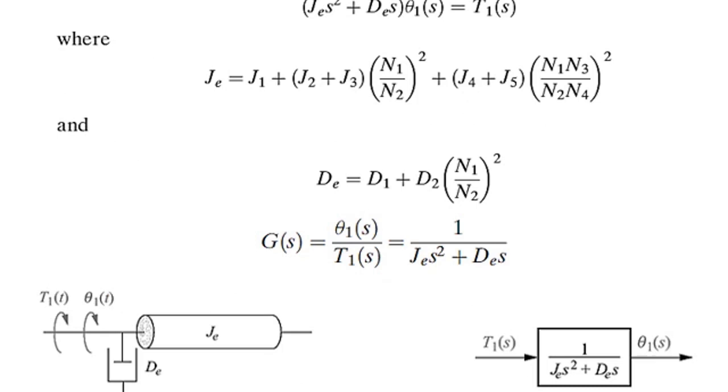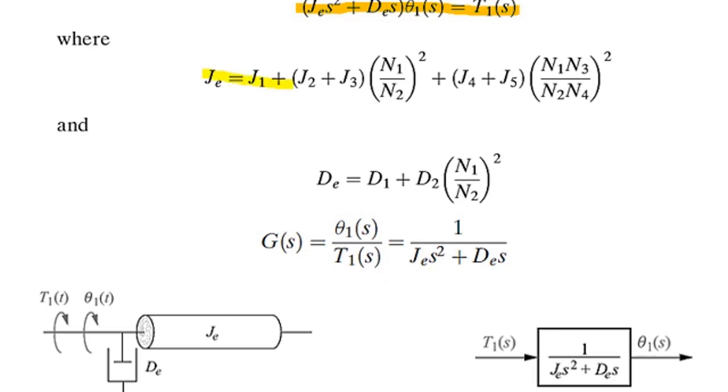Students, after reflecting the impedances and finding a figure for equivalent system, now we will find transfer function. After finding the rules of transfer function for rotational mechanical system, we will be having equation of motion for this system, which will be (JE s square plus DE s) theta 1 of s equal to T1 of s.